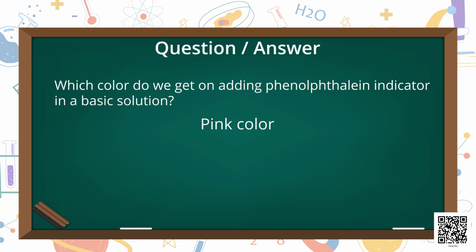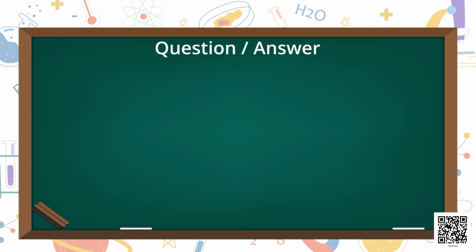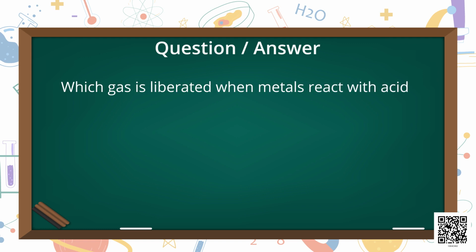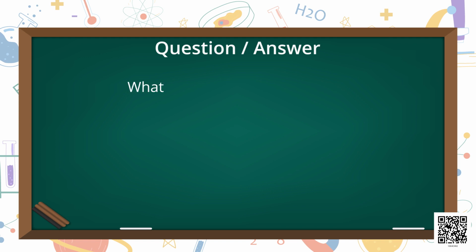Your second question is, which gas is liberated when metals react with acids? The correct answer is hydrogen gas. Third question, what does a pH scale represent?